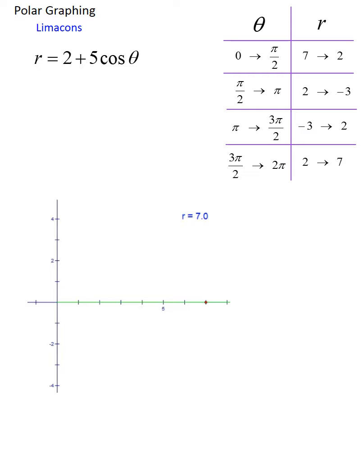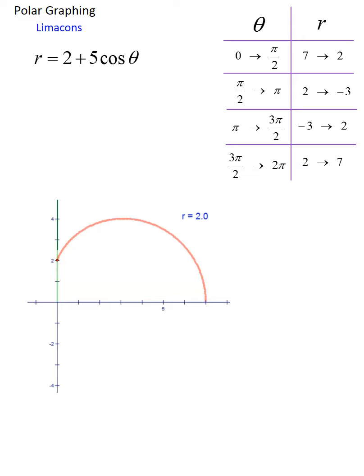First, watch as theta sweeps through quadrant 1. r will go from 7 to 2. Then, as theta goes from 90 to 180, or through quadrant 2, something unusual is going to happen here.